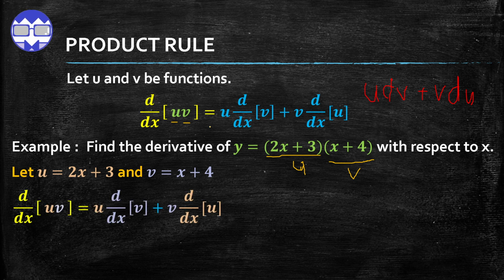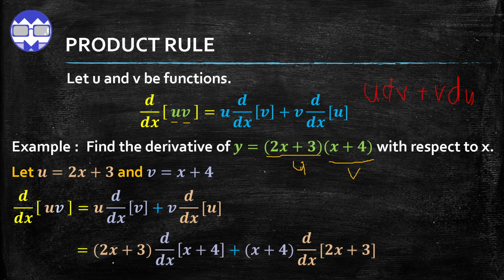Then we have, again, the formula u dv plus v du. So we just substitute. Our u is 2x plus 3. Then we have dv, where v is x plus 4. Plus v, which is x plus 4, then we have du, so 2x plus 3 here.